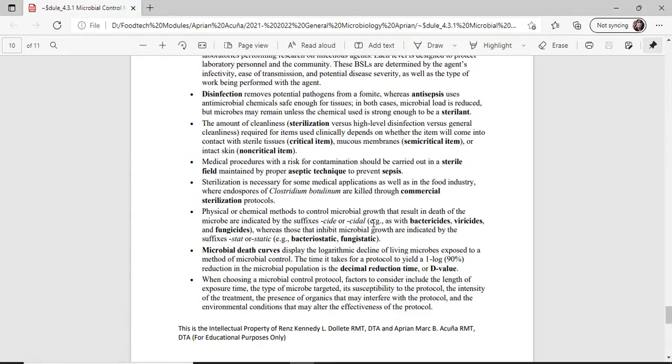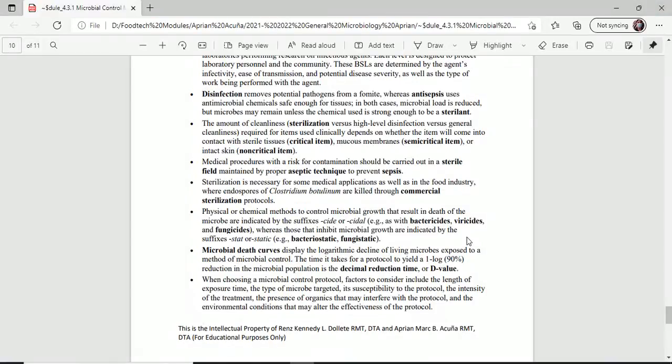Indicated by the suffix cide or cidal, your bactericide, viricide, fungicide or bactericidal, viricidal, and fungicidal. Whereas those that inhibit your microbial growth are indicated by the suffixes stat or static. Kung gina-stop lang ha or gina-halt or gina-inhibit is what you call your stat, your bacteriostatic, fungistatic.